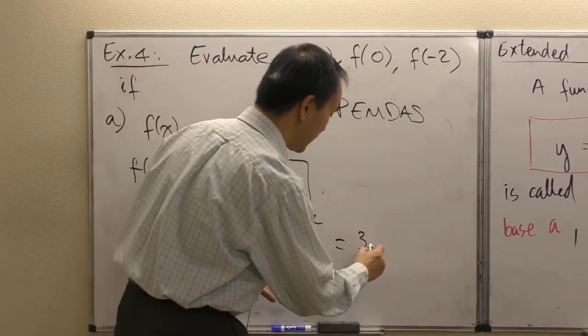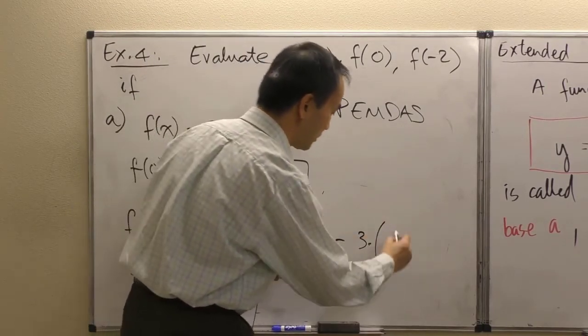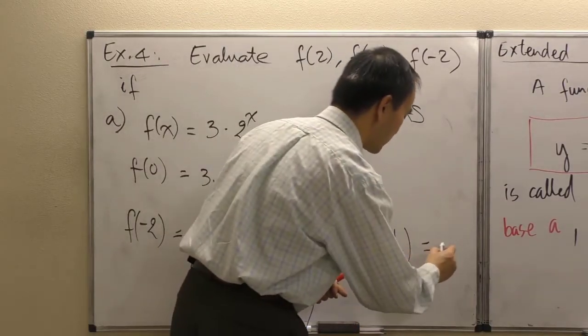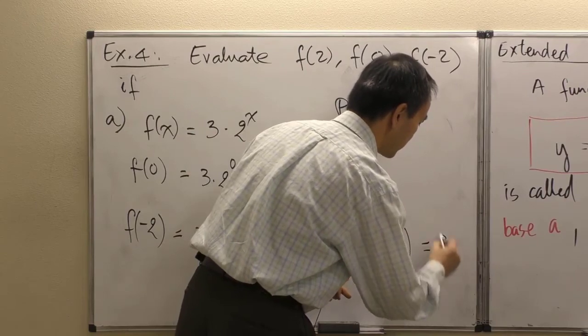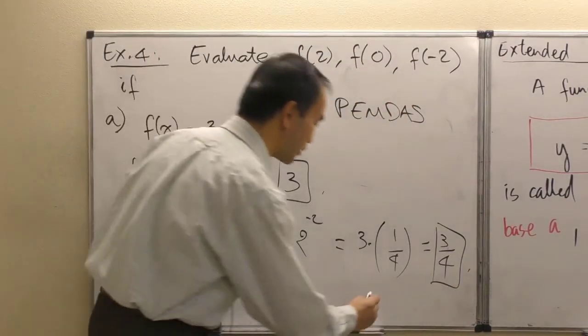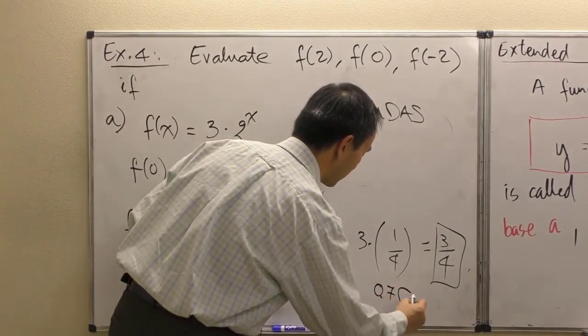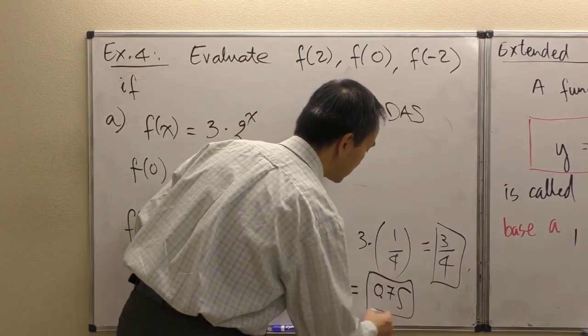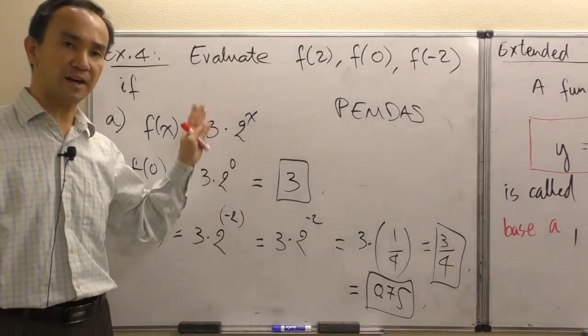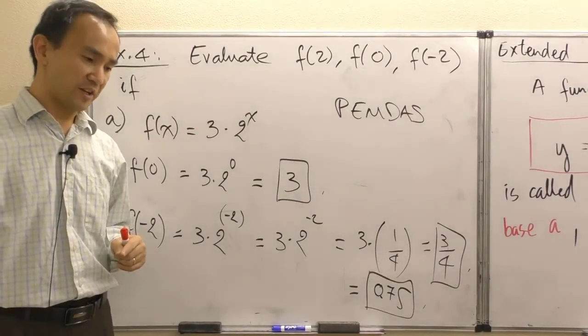So it's 3 times whatever comes out of this, which is 1/4 in fraction. And then 3 times 1/4 comes out being 3/4 right there. We can leave that as 3/4 in fraction or 0.75. Two different ways of expressing it, but that's how we're done with part A of our example 4.